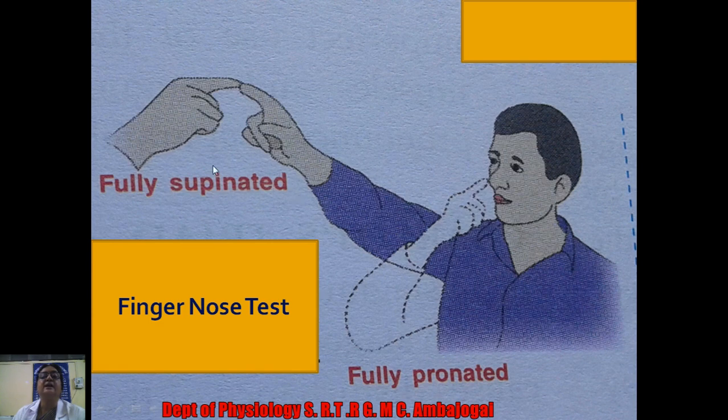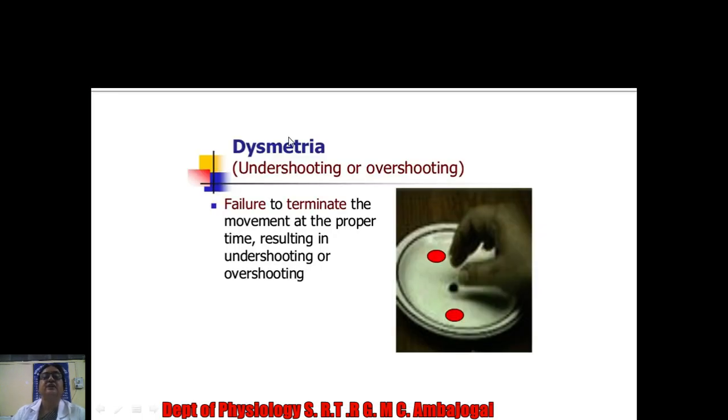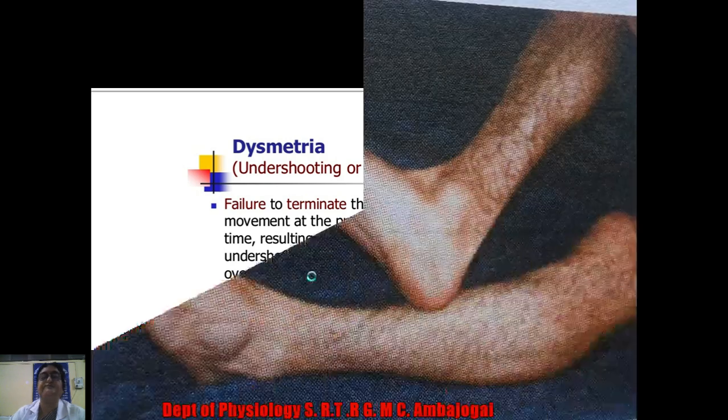This movement is also affected in cerebellar lesion. Then dysmetria: the person fails to terminate the movement at the proper time, resulting in undershooting or overshooting because of the loss of coordination.